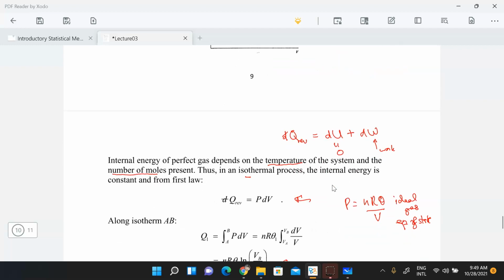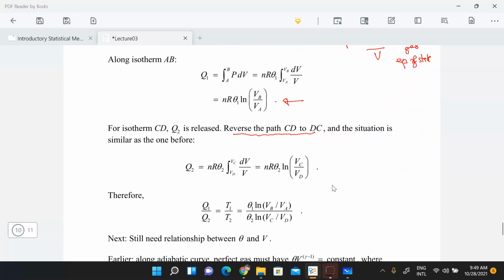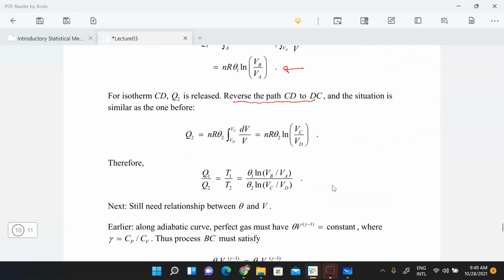So then you have a comparable thing to calculate. Here I already reversed, so this will be the initial volume and this will be the final volume. Then you get again the same formula there, with VB, VA here, VC, VD. So now this is Q2 and that is Q1.